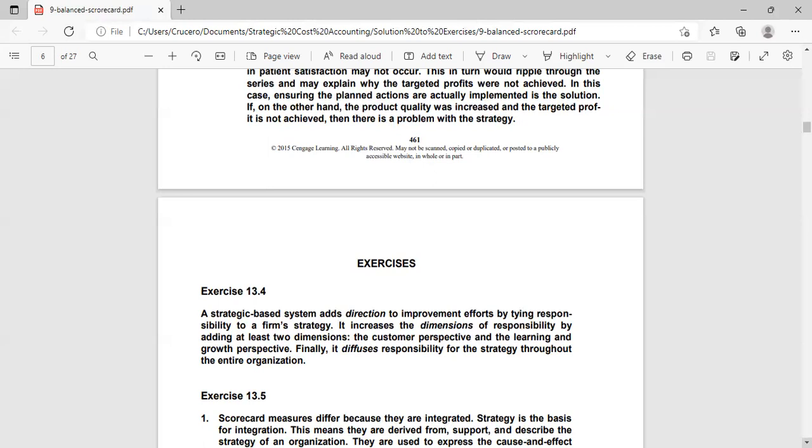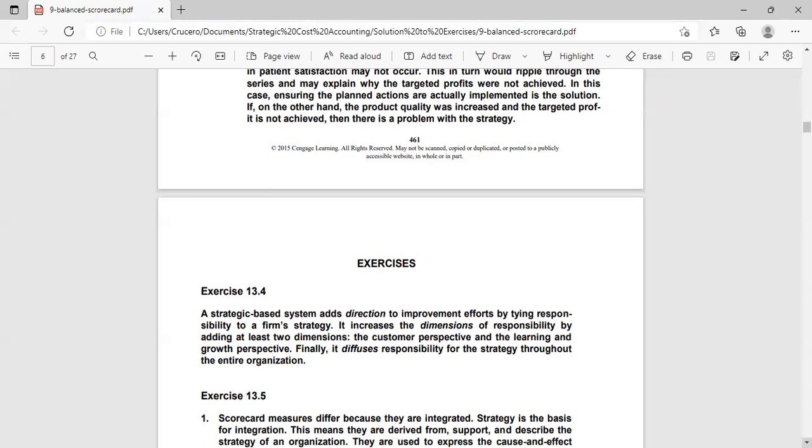It increases the dimensions of responsibility by adding at least two dimensions: the customer perspective and the learning and growth perspective. Finally, it diffuses responsibility for the strategy throughout the entire organization.